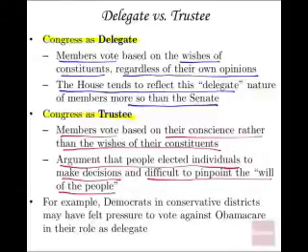Again, current events example, Democrats in conservative districts, again, they may have felt pressure to vote against Obamacare in their role as delegate, because the idea is that they want to go with the will of the people. And again, there's some self-interest there. If they voted for Obamacare, maybe they would have put their jobs on the line.